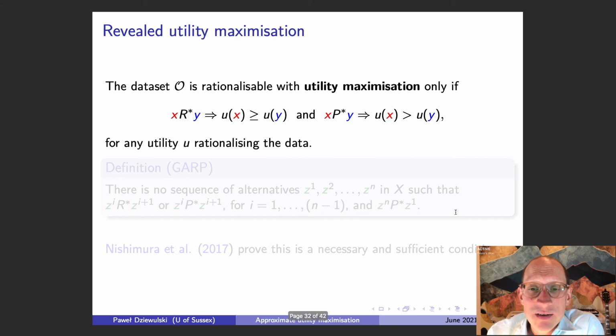Now, why is this relevant? Because revealed preferences really contain all the information about the utility function that rationalizes the data.